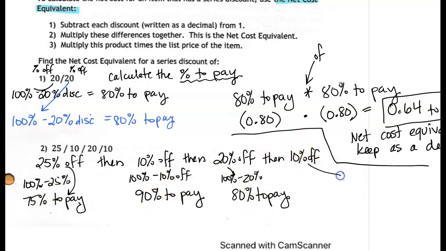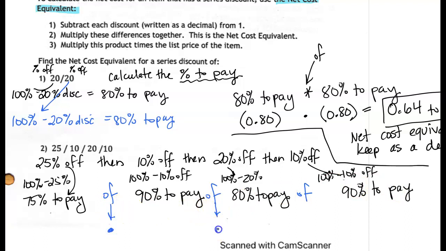And then finally, the 10% off is going to give us 90% to pay. And I'm going to write in all of those ofs. You're going to have 75% of the 90% of the 80% of the 90%. And each of these ofs is our multiplication.